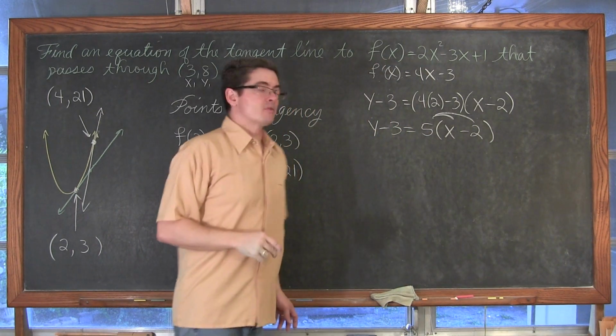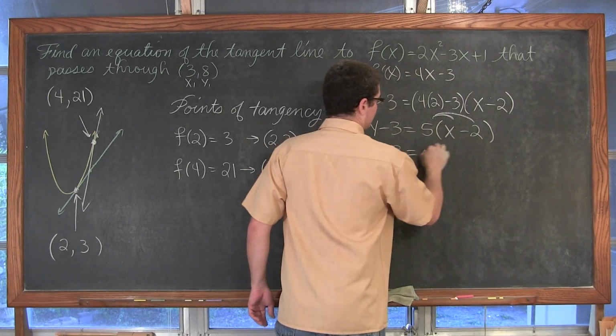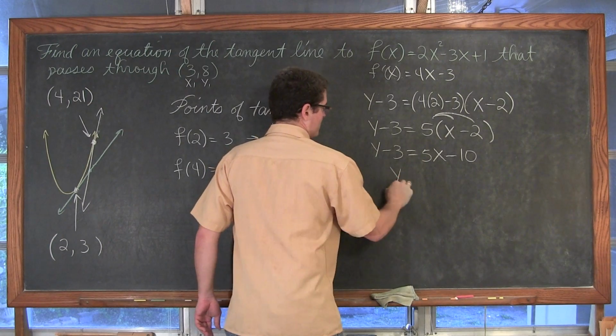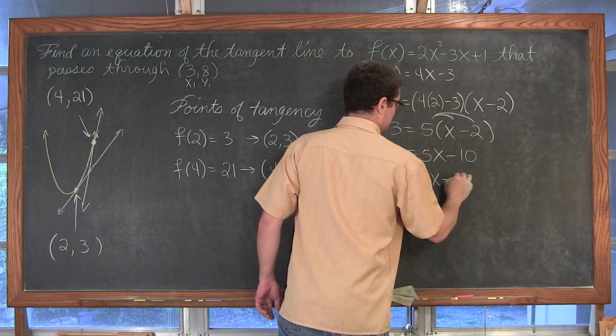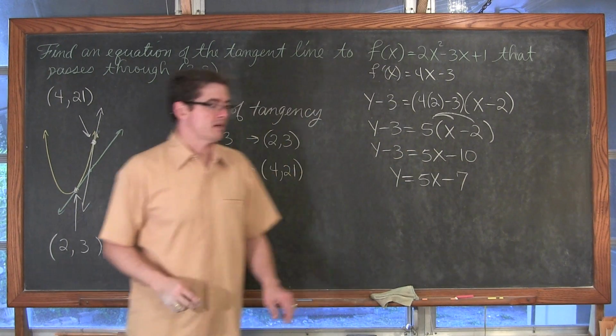Take the 5 and distribute it through the parentheses, and we get y minus 3 is equal to 5x minus 10. Add 3 to both sides, and one of our tangent lines is y equals 5x minus 7, because negative 10 plus 3 is equal to negative 7.